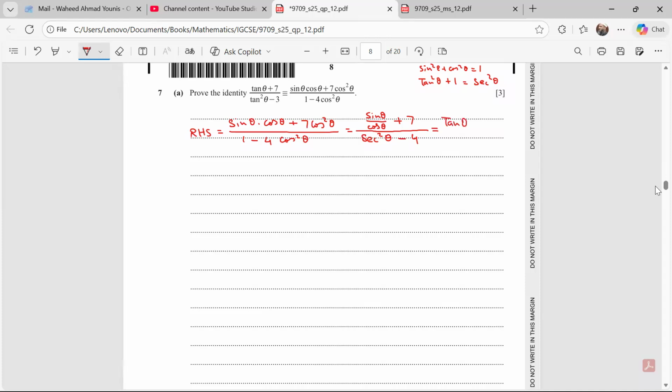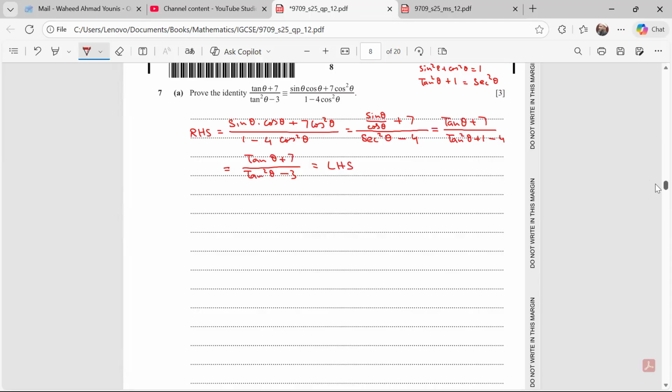So this is tangent theta plus 7 divided by, now this secant square, I will replace it by tangent square plus 1 and minus 4. So you can say this will become tangent theta plus 7 over tangent square theta, and plus 1 minus 4 is minus 3. So this is what we have on the left hand side. Okay, so this is how we prove this identity.